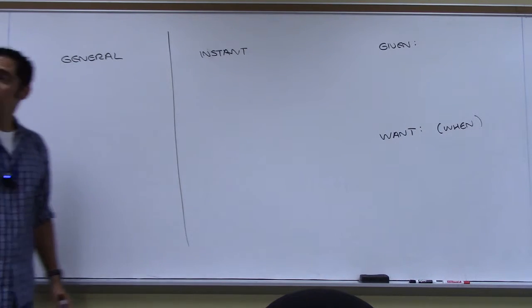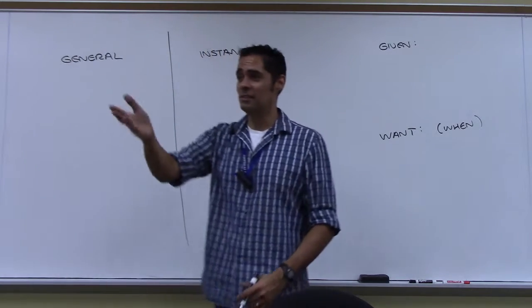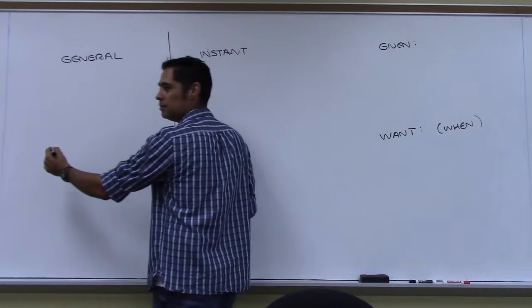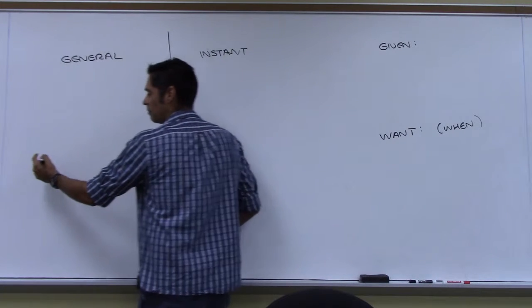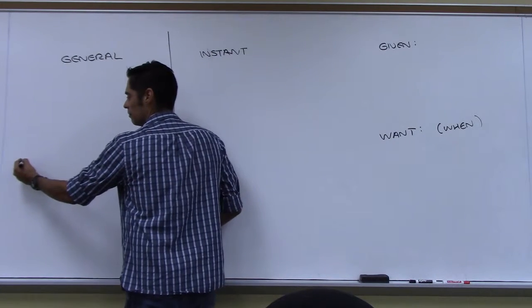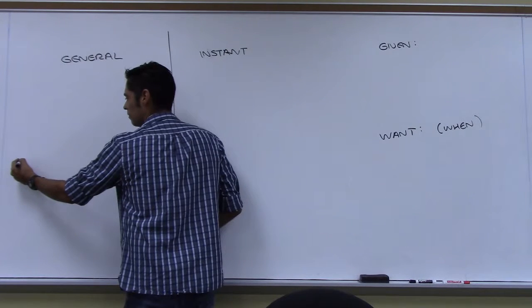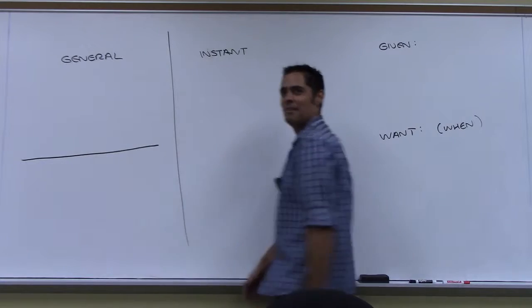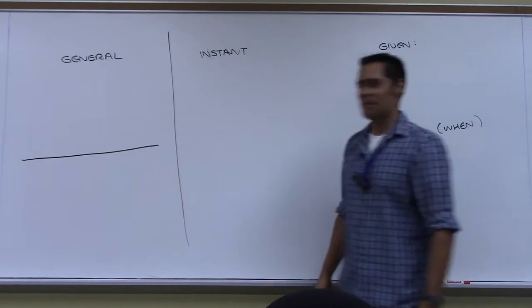So let's continue. General picture. What do you want me to draw? How about the ground? Yeah. Okay. Draw the ground. Little radar station.